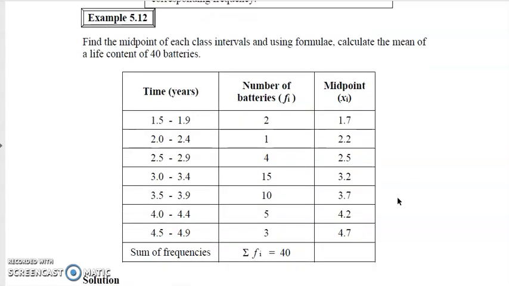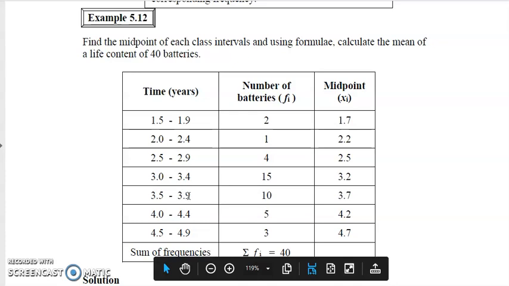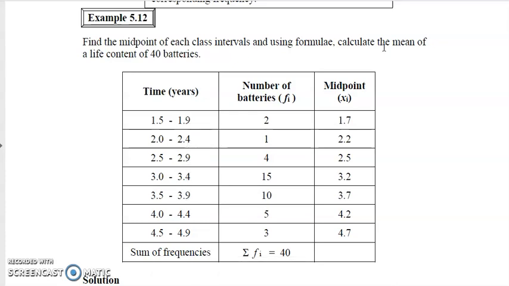Find the midpoints. First, of course, you need to find the midpoints of each of the class intervals. So you can see from here we'll be having 1.5 until 1.9, 2.0 until 2.4. If you try to look here, our class size is 0.5. Okay, and our midpoints, how to find the midpoints?